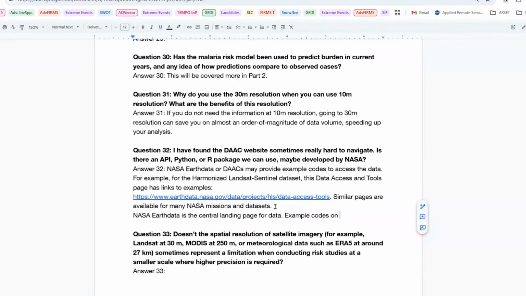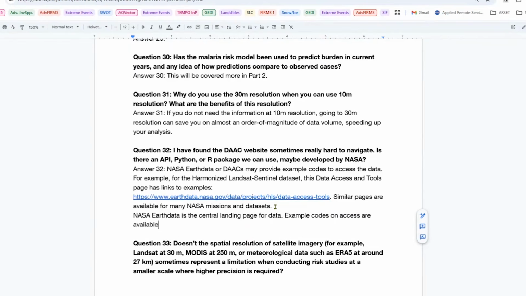I put one illustrative example there. This is associated with the Harmonized Landsat Sentinel dataset, the HLS dataset. This is a combination of the Landsat data, which was mentioned in the training, as well as the Sentinel mission, which is a similar mission from the European Space Agency.